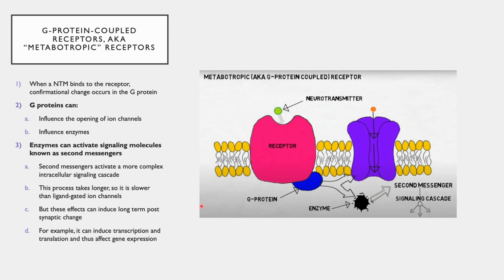So essentially, my big takeaway from this slide is that G protein coupled receptors can initiate multiple different types of cascades, including the opening of nearby ion channels or influencing enzymes that can initiate this cascade that could potentially lead to long-term postsynaptic change. And that's why this receptor is important in learning and memory.